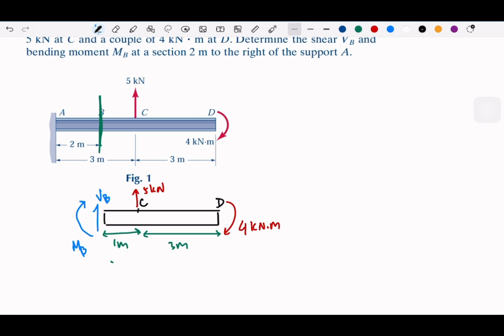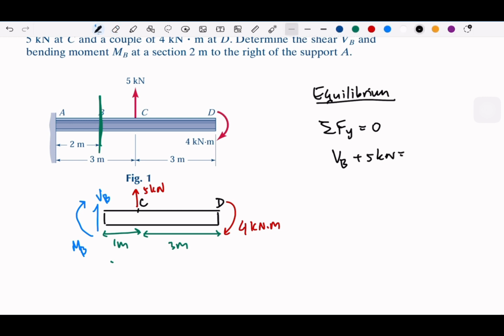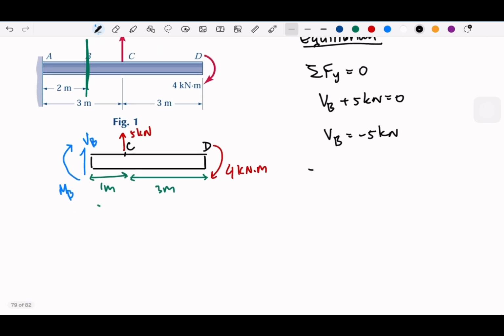And basically, like the usual descriptions that we have done before, we take the equilibrium. We take the sum of forces in the y-axis equal 0. So we have VB plus 5 kilonewton equal 0. So VB is negative 5 kilonewton. So this is very simple. And then the moment, we take the moment at B equal 0, and we decide this is going to be positive.